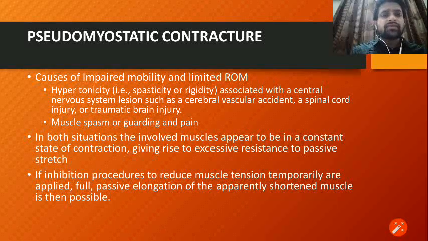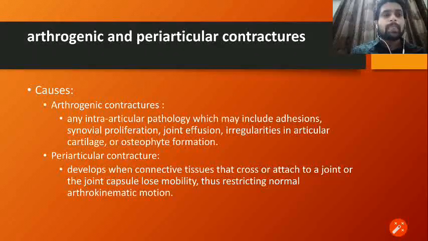In both situations, the muscles appear to be in a constant state of contraction, giving rise to excessive resistance to passive stretch. If inhibition procedures to reduce the muscle tension temporarily are applied, then full passive elongation of the apparently shortened muscles is possible.